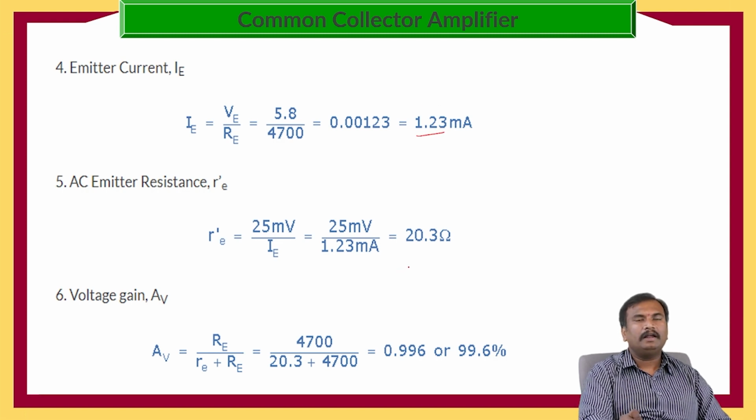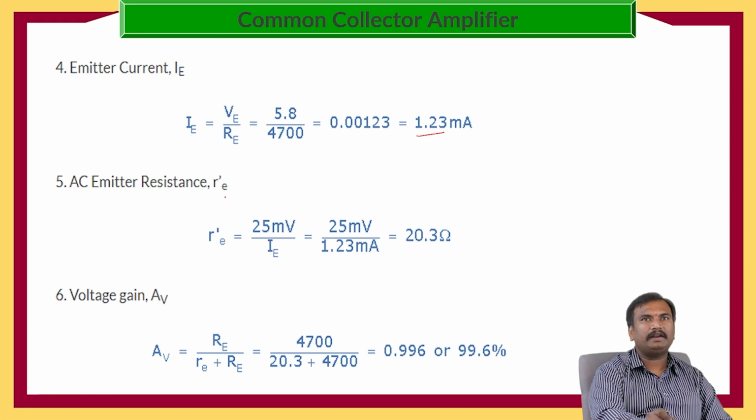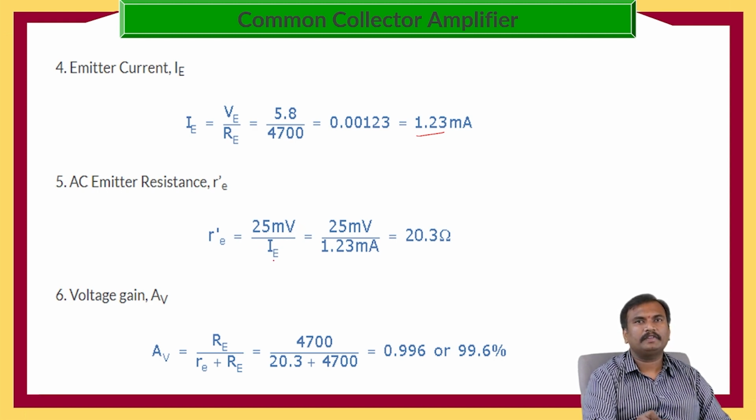milliamperes. And next, the AC emitter resistance RE dash, where RE dash is equal to 25 millivolts by IE, that is equal to 25 millivolts by 1.23 milliamperes, that is equal to 20.3 ohms.